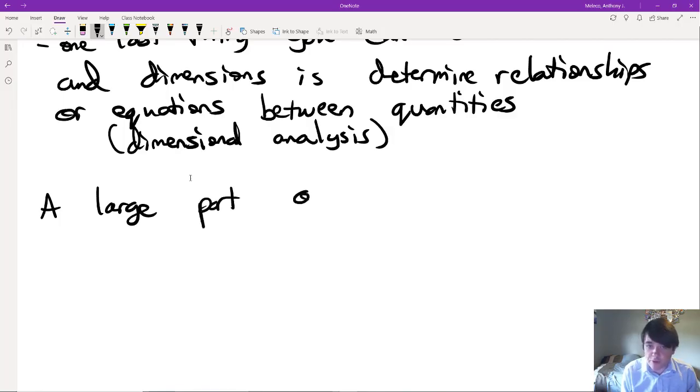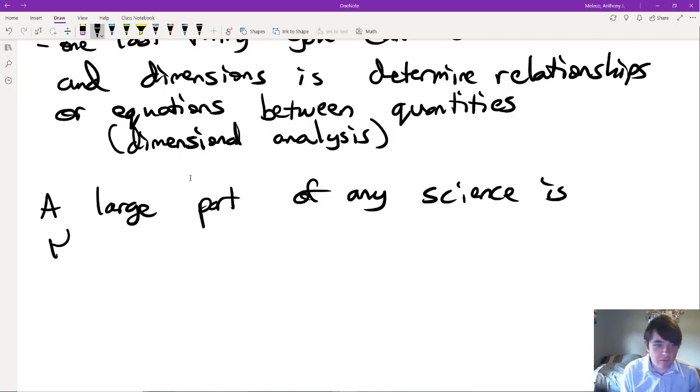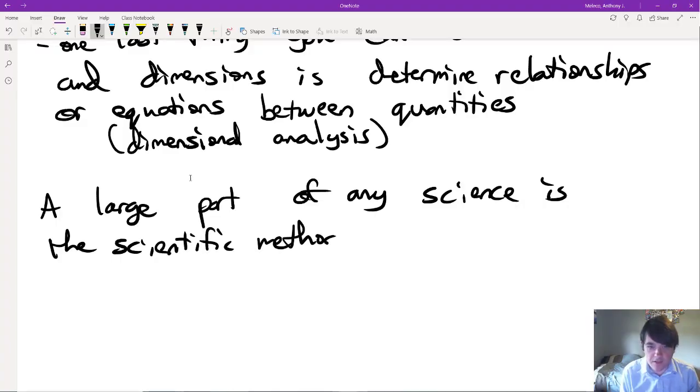A large part of any science is the scientific method. This is how science makes progress, okay? Is through this method, right?